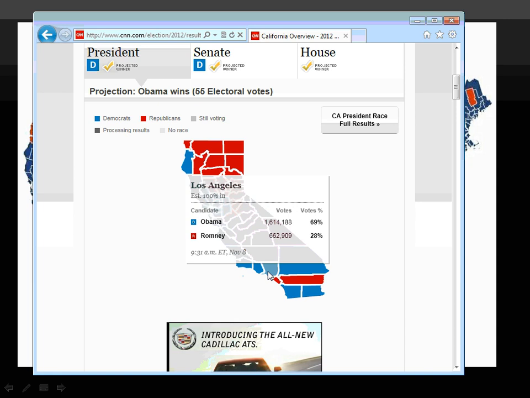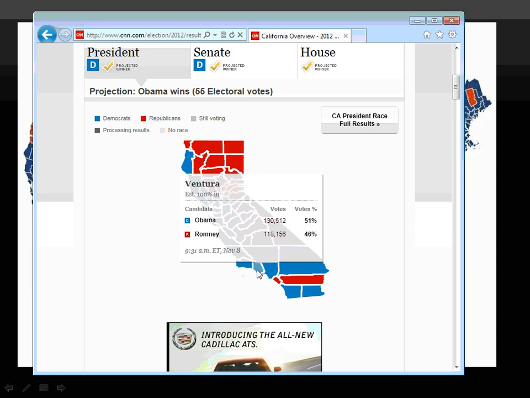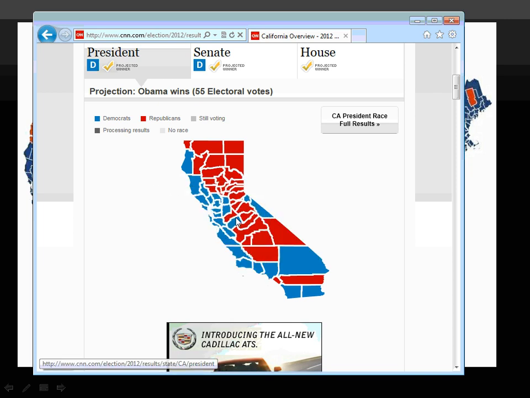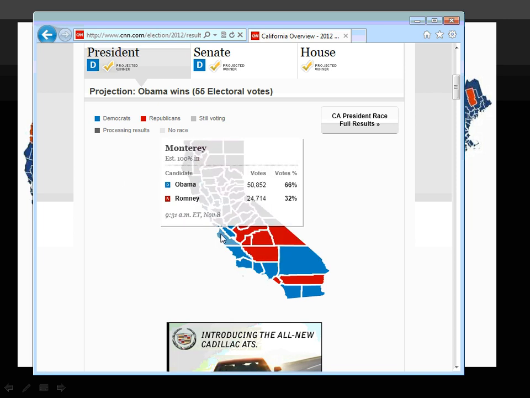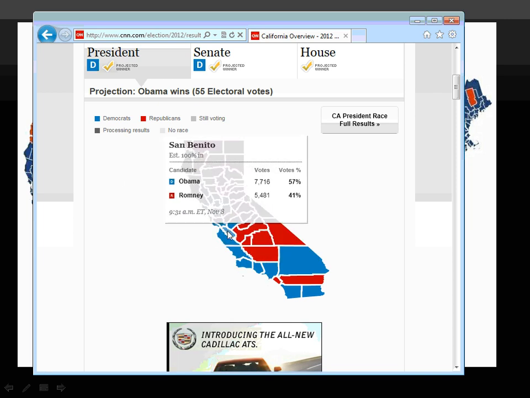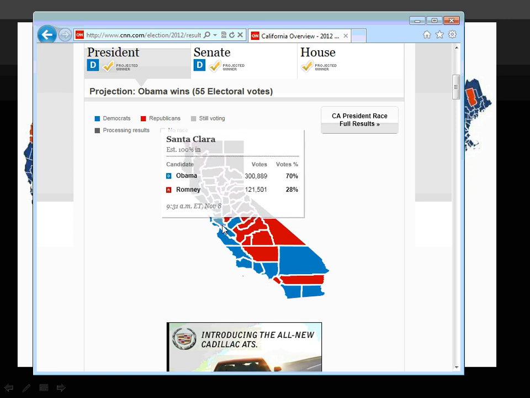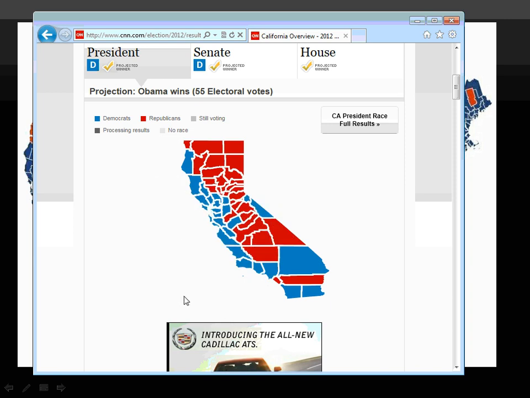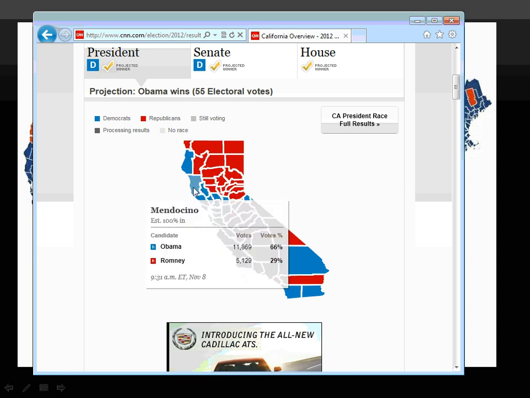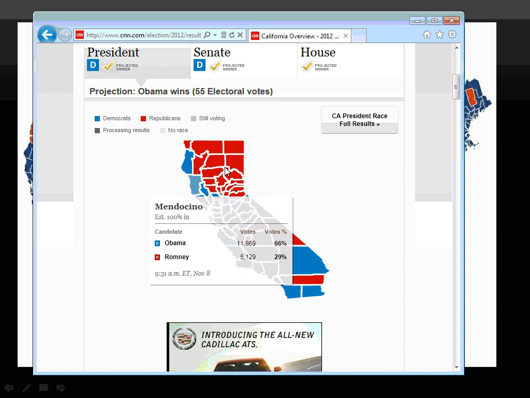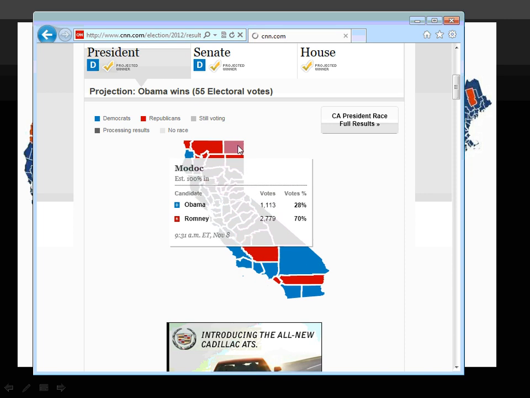And as you go through this, you can look at Ventura County, and then up here you have Monterey, San Benito, Santa Clara, so on and so forth, Santa Cruz. Pretty good site here to go county by county. Now let's look at some of these more rural counties.